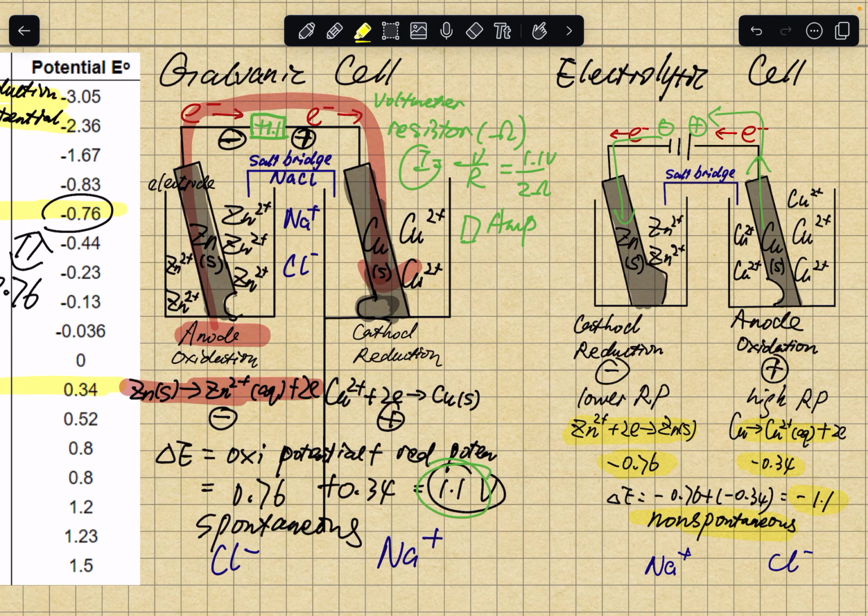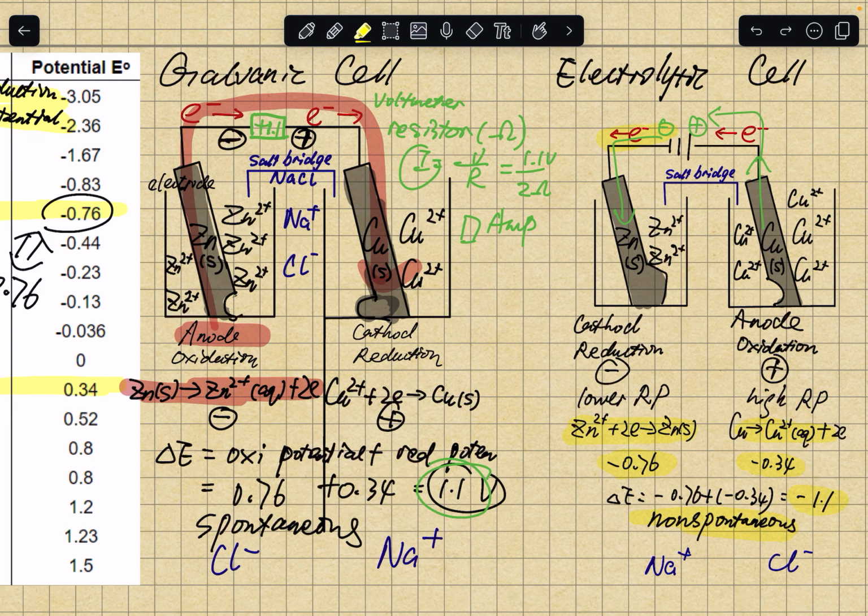The idea is that the electrolytic cell is where we provide some electrical energy to the cell, so that the electron flow still goes from anode to cathode, right? As you see that I draw here, it's still going from anode to cathode. But the cathode side is the side that receives the electron and gets reduced, right?